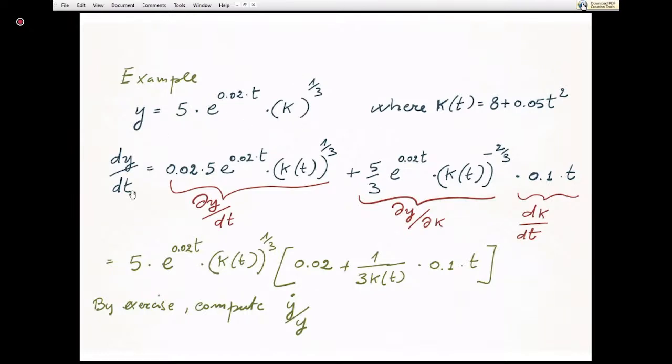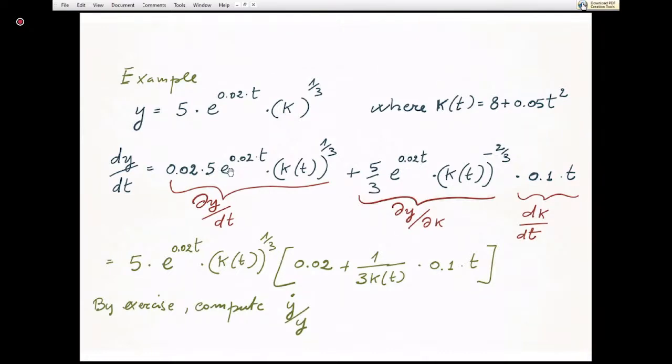The total derivative of y with respect to t is the partial derivative of y with respect to t times 1. And this is just the partial derivative of y with respect to t, 0.02. Remember that now I have to regard this one as a function of t and k, okay, because we are applying the chain rule. So don't worry about the fact that k depends on t. This will be considered in the second term.